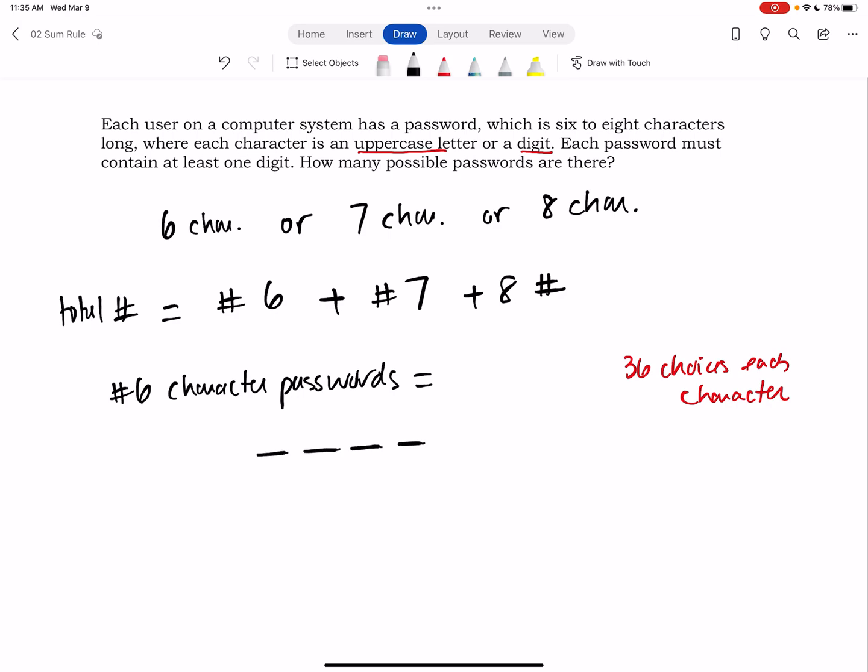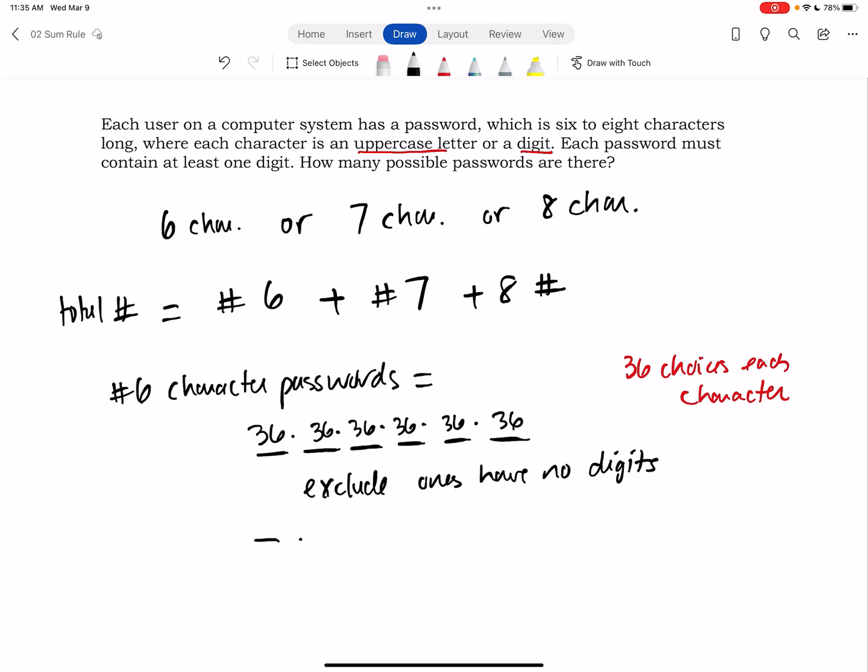So 1, 2, 3, 4, 5, 6. I have 36 choices for each of these spots. But I want to exclude the ones that have no numbers, no digits. So the ones that don't have any digits look like all letters. So there would be 26 choices. So this is 36 to the 6th minus 26 to the 6th.